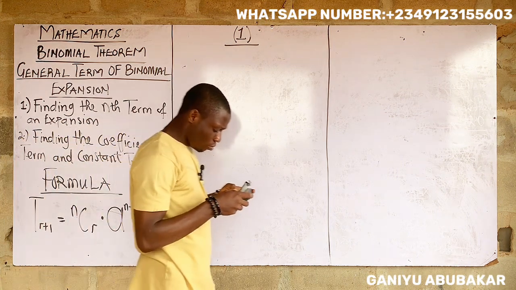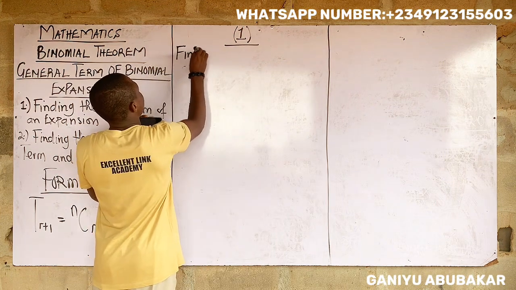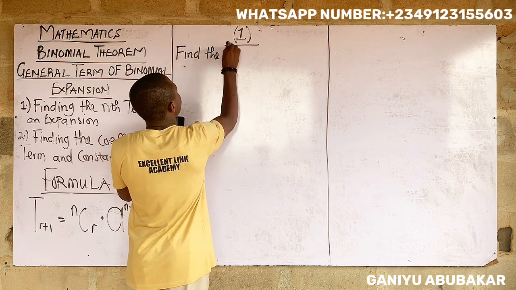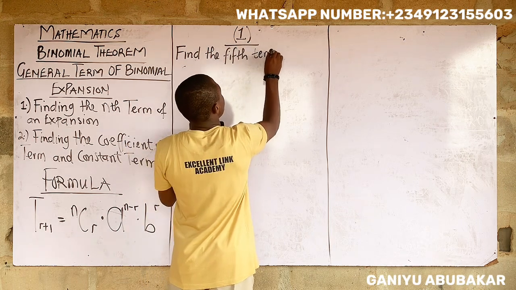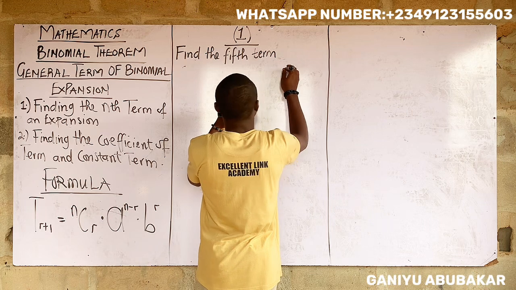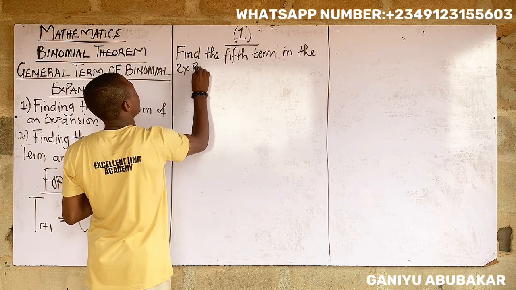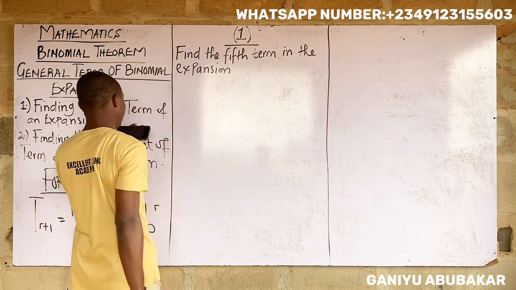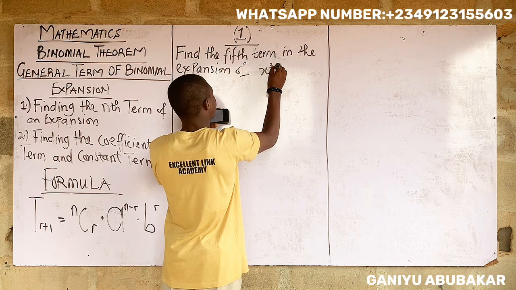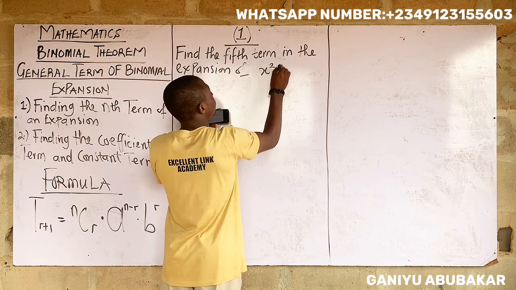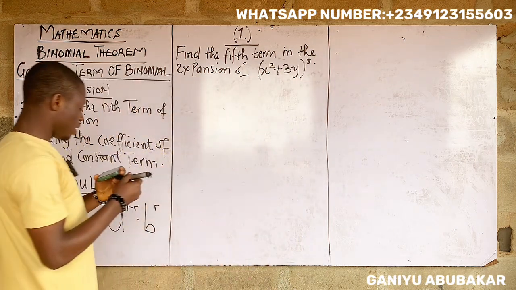Example one says: find the fifth term in the expansion of (x squared plus 3y) all to power 8. All right, let's get this done, please.